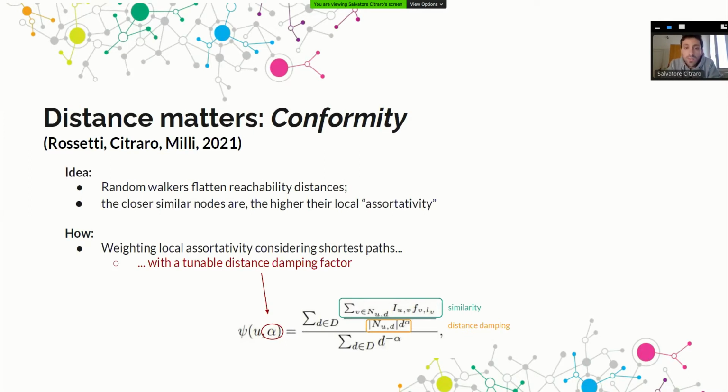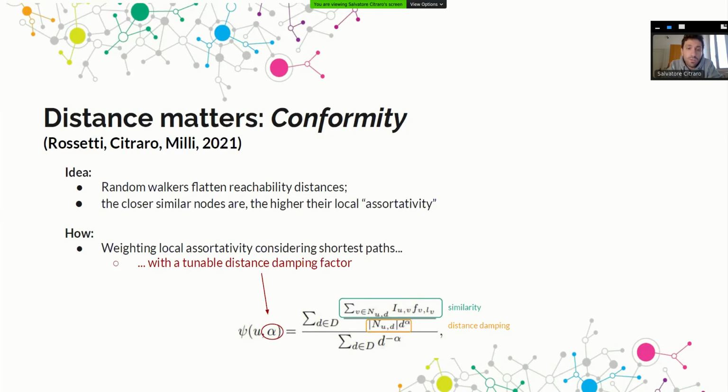The concept of distance of path is very important in social network analysis, and it cannot be flattened by a random walk. So we defined this new measure, conformity, that is not a variation of Newman's coefficient, but it's based on a different idea, namely the idea that similar nodes are also close in terms of distances.